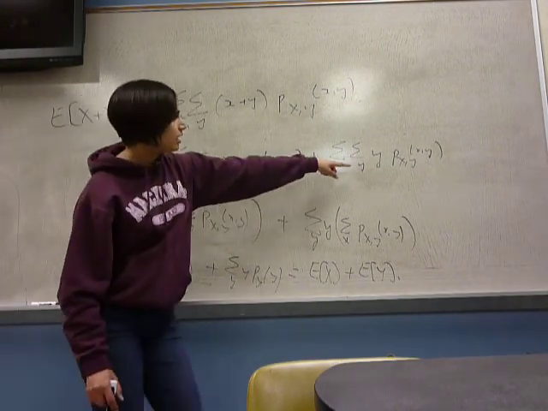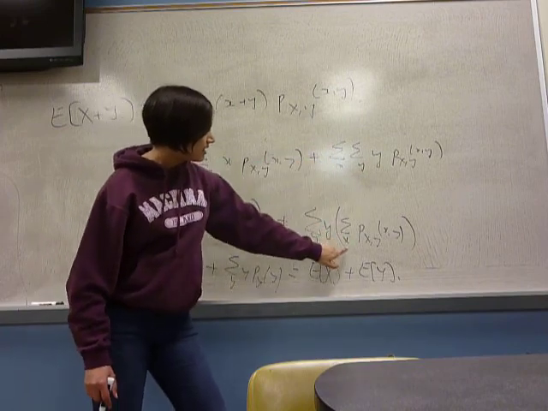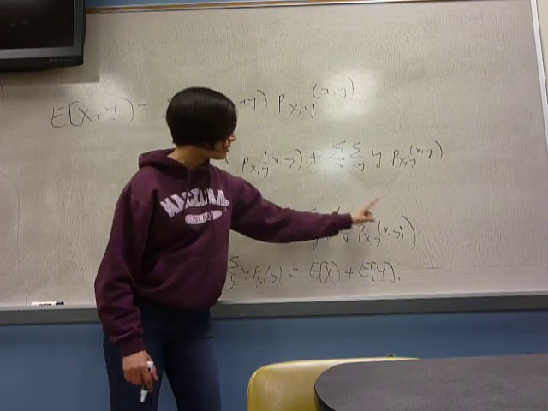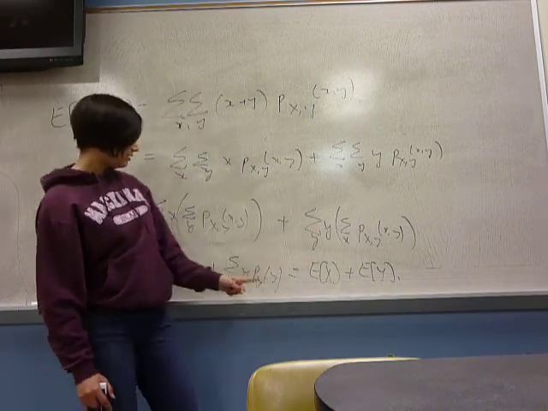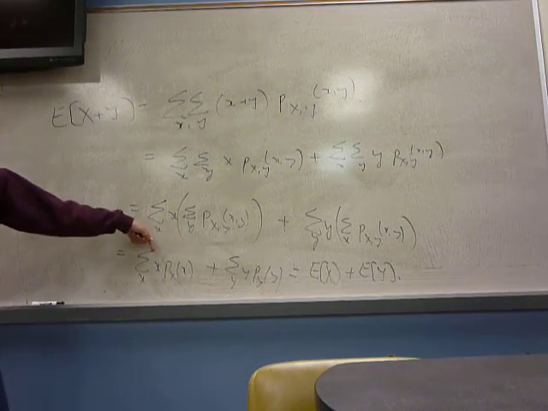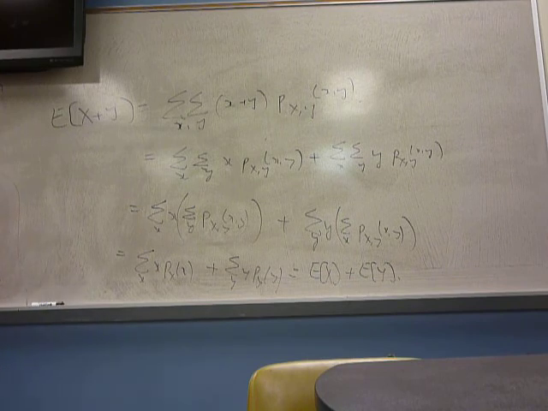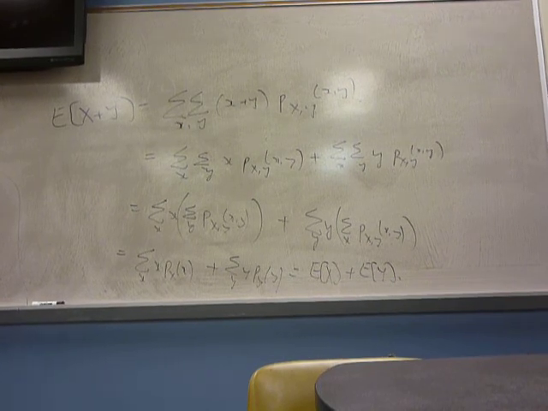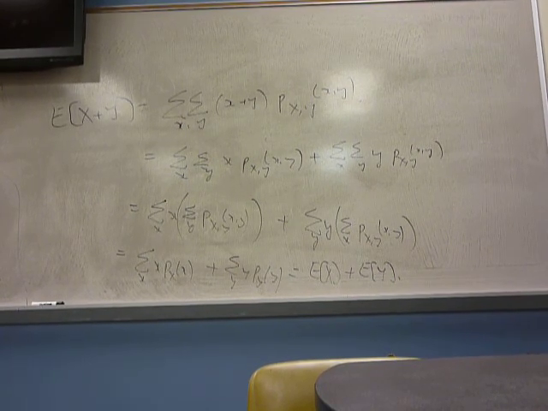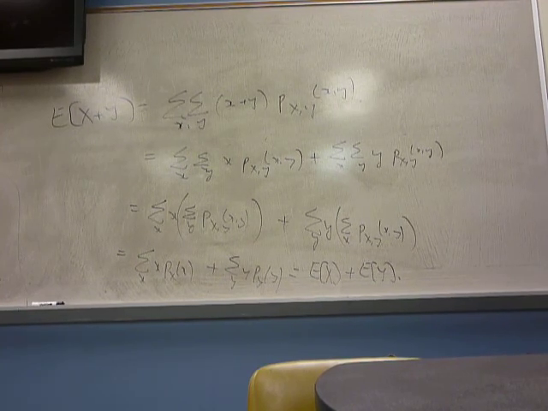Similarly with y here, if you sum out your x's in the joint probability mass function, you just get the probability mass function of y. So this just becomes the expected value of x plus the expected value of y. So you don't need independence for that. Remember, independence is only important once you start multiplying things. But for summation, nothing big in the end, it's basically the same idea, and you can generalize it to n.